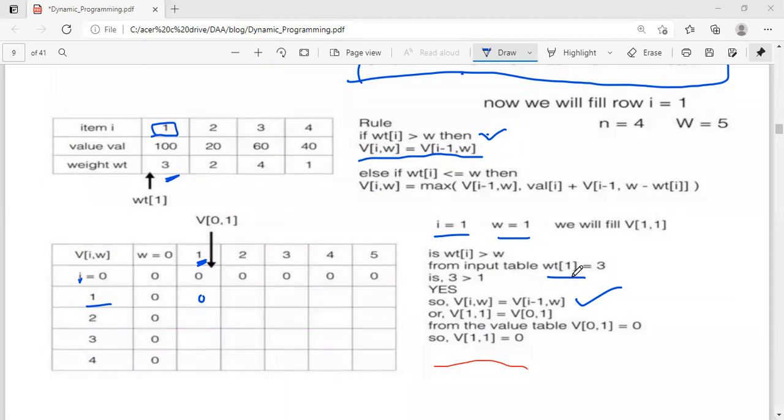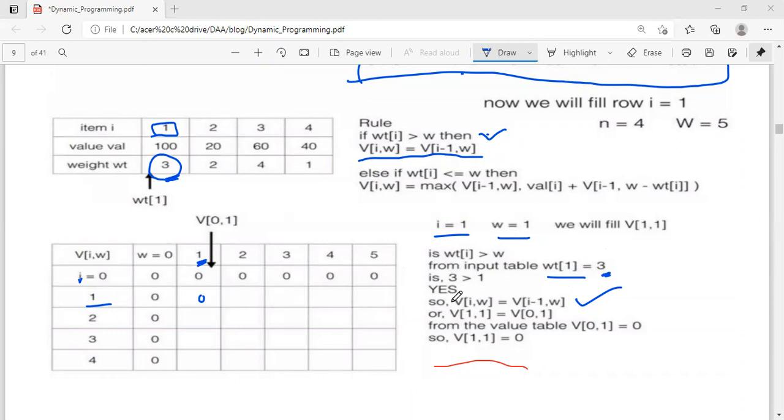So wt of I is equal to 3. Why is it 3? Because the weight of item 1 is 3.